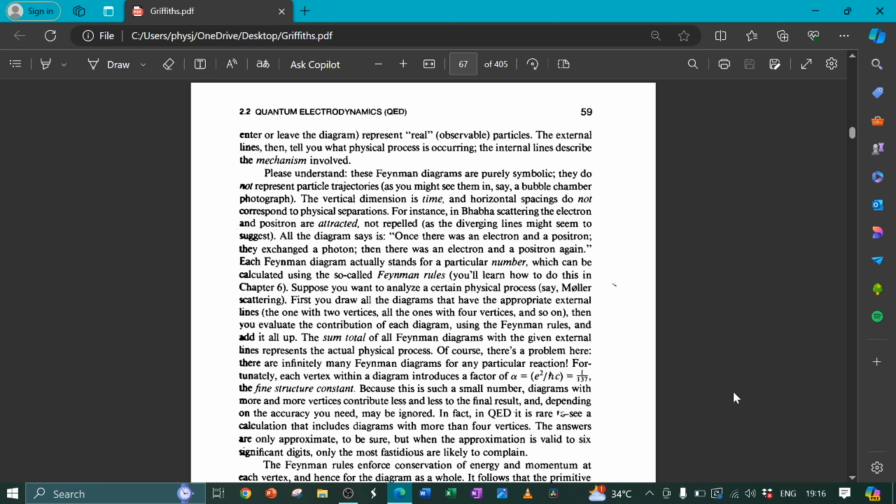For instance, in Bhabha scattering, the electron and positron are attracted, not repelled, as the diverging lines might seem to suggest. All the diagram says is, once there was an electron and a positron, they exchanged a photon, then there was an electron and a positron again.